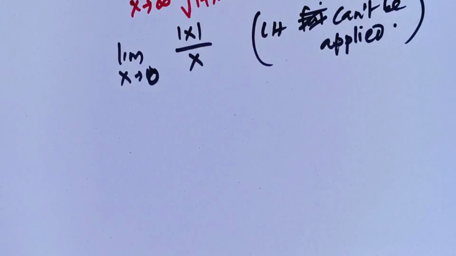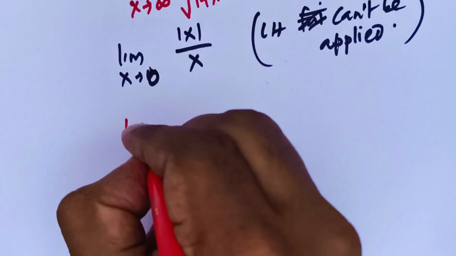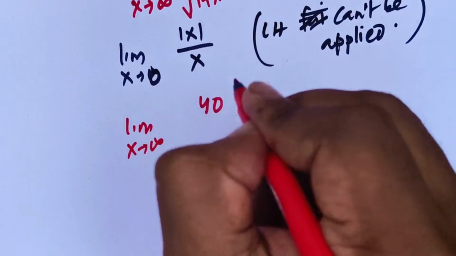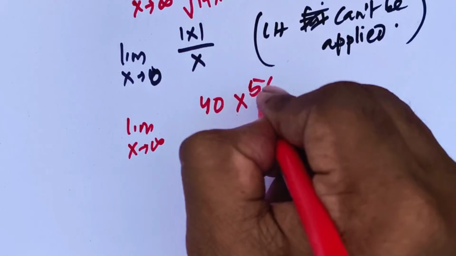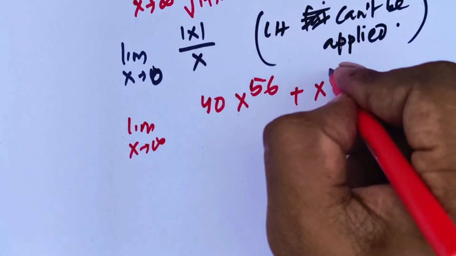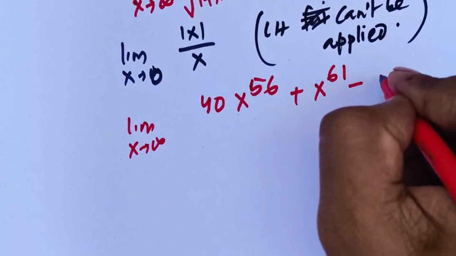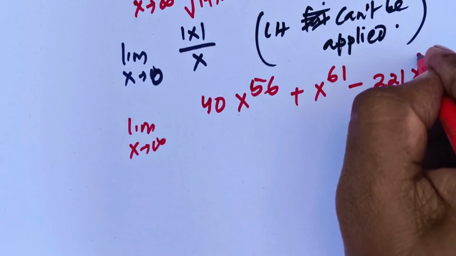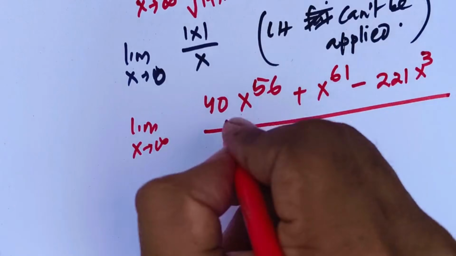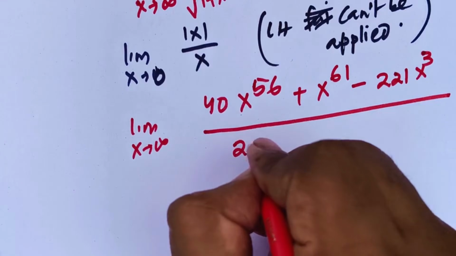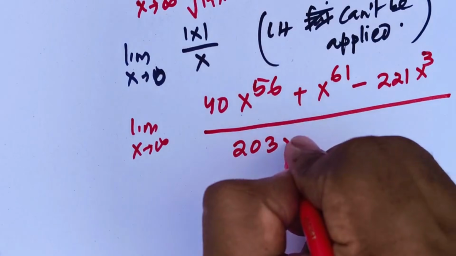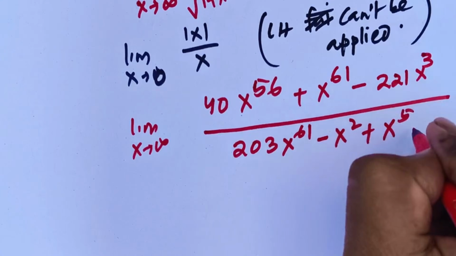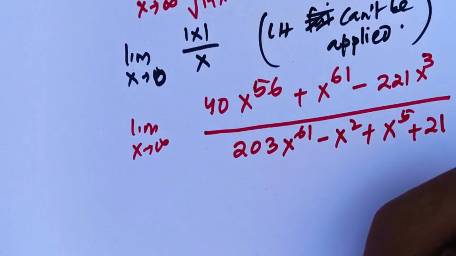Let us take another. Suppose you have limit x goes to infinity of 40 times x to the power 56 plus x to the power 61 minus 221 x to the power 3, and in the bottom you have 203 x to the power 61 minus x square plus x to the power 5 plus 21.